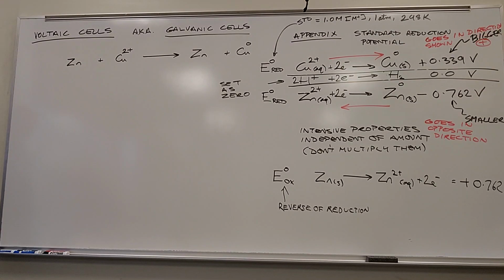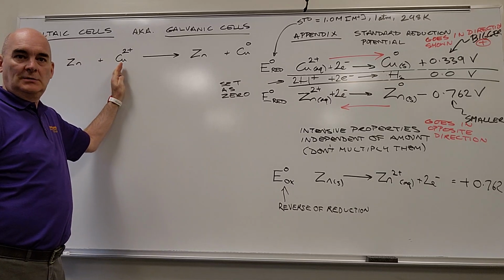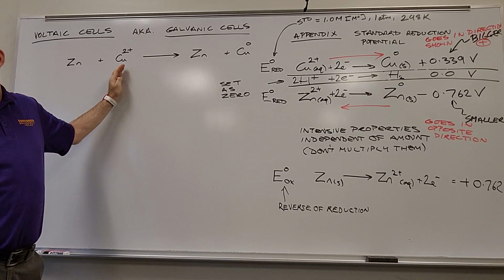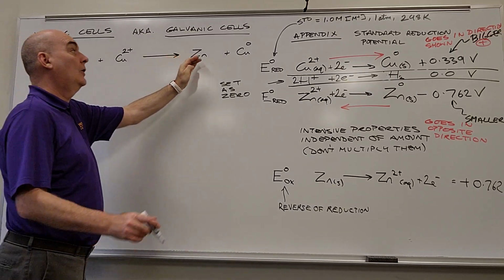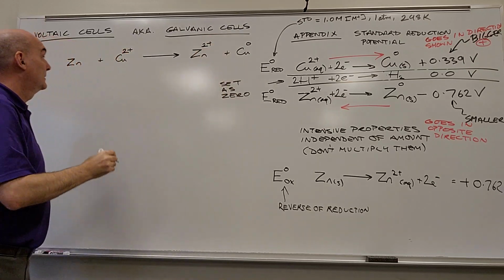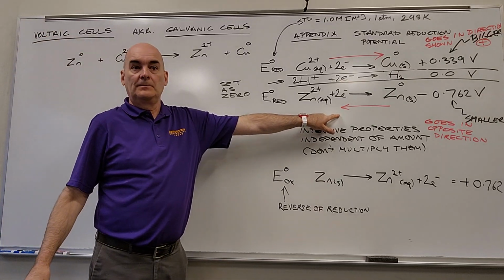What is the copper 2+ doing to the zinc? Oxidized. It's oxidizing it. So the thing that gets reduced is an oxidizing agent. The thing that gets oxidized, so the zinc, wants to go the other way.